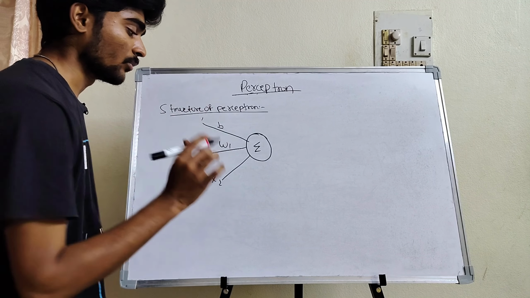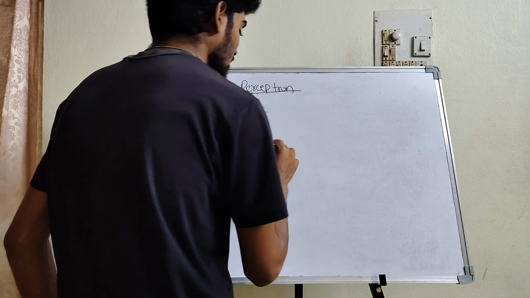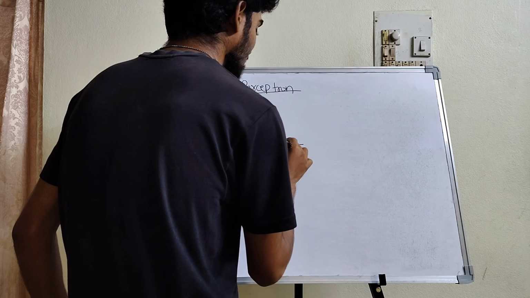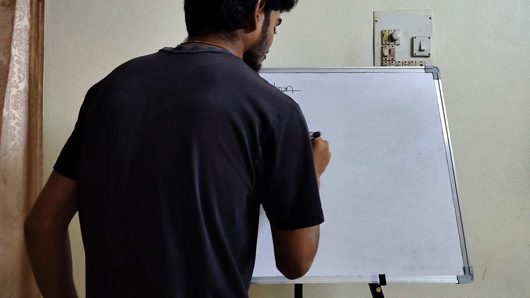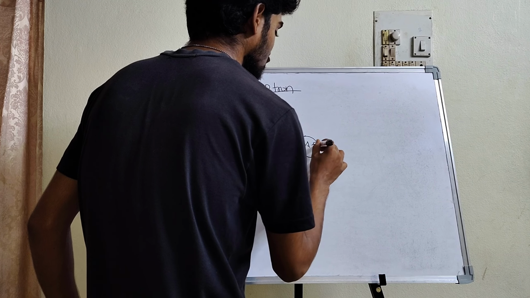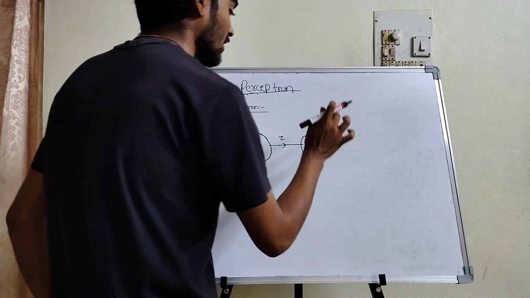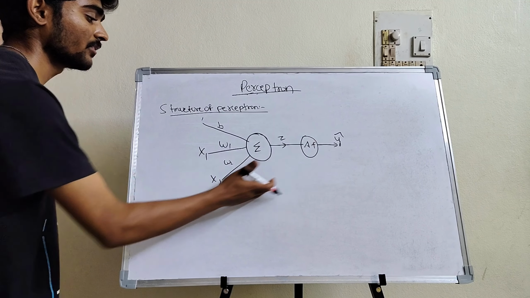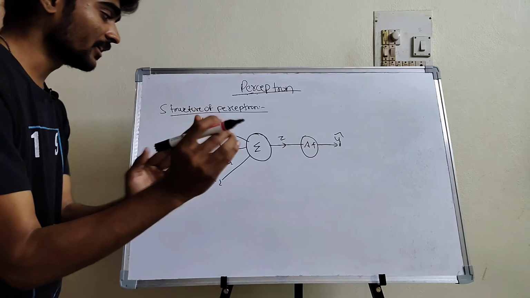Corresponding to these we'll have weights. We'll see further what these weights are and what this bias is, and here z is calculated. We'll also see how z is calculated in this process and passed through an activation function to calculate y hat. Here y hat is the predicted output of this perceptron. Okay, now let's see each in detail.